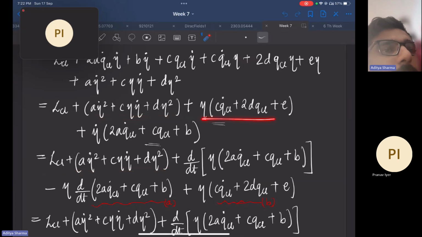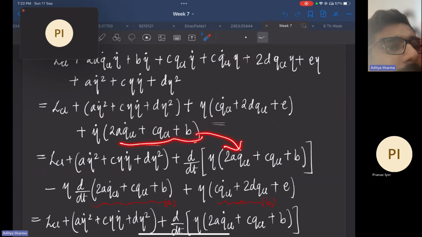And for this part, I'm doing a manipulation. What I'm doing is I'm taking the derivative of, actually it's this part. So this term is this term plus this term combined.